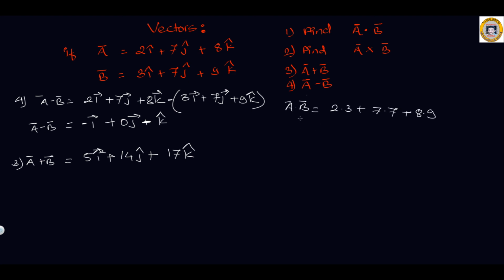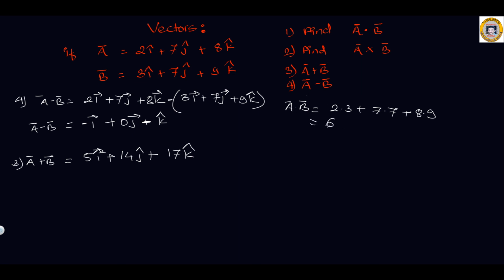Now let us find a dot b. A dot b can be found by multiplying the x components of vectors a and b, adding the product of the y components of a and b, and adding that to the product of the z components of a and b, to get the scalar result.